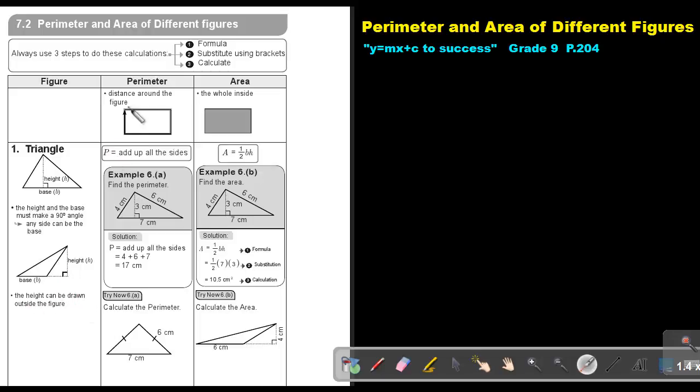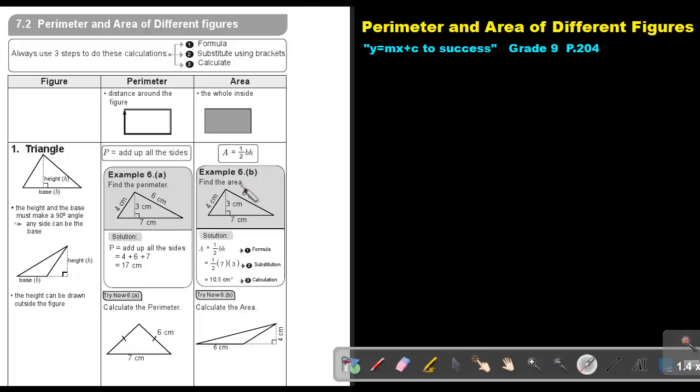Okay, what is the formula for the perimeter? You just add up all the sides. So it's 4 plus 6 plus 7, and that will be 17 centimeters. Let's just look at the area. The area is half base times height.